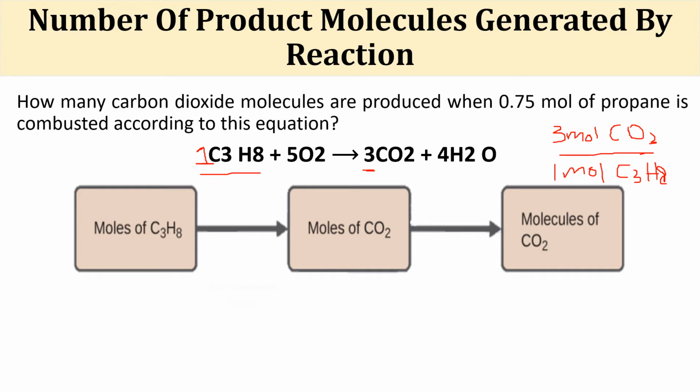So first step, use the stoichiometric factor to find moles of carbon dioxide, and then use Avogadro's number to find the molecules of carbon dioxide as required by the question.